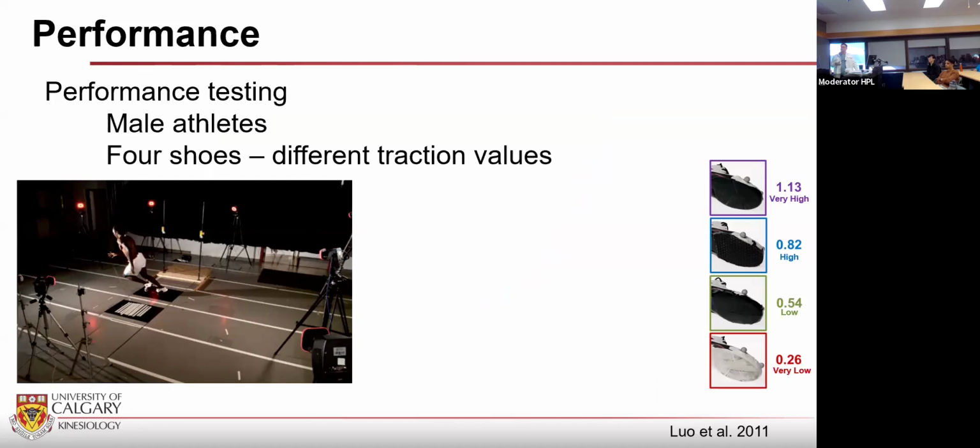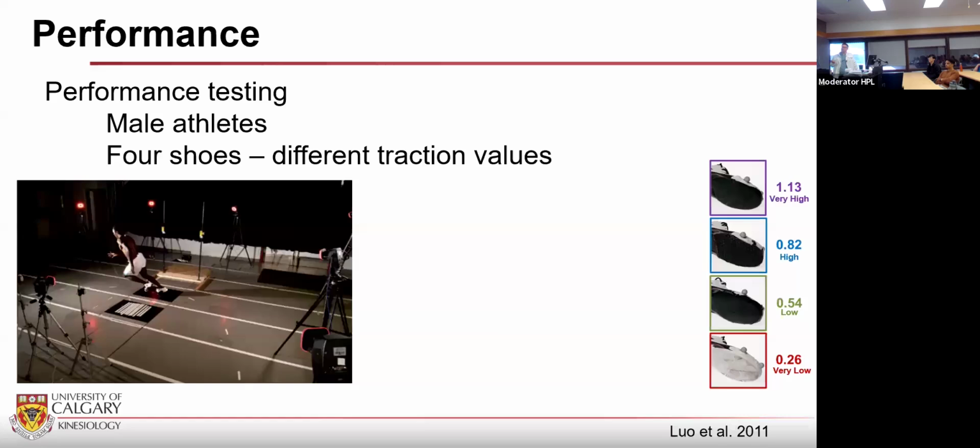They wanted to see whether, if you continually increase traction, you continually increase athletic performance. They performed testing on male athletes in 4 different shoe conditions that differed in their traction values: very low, low, high, and very high.